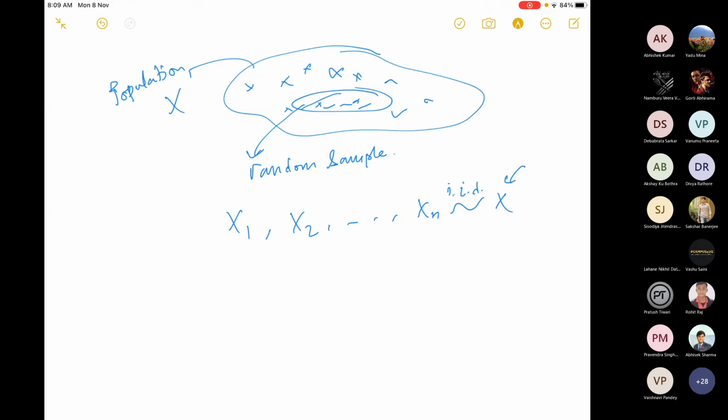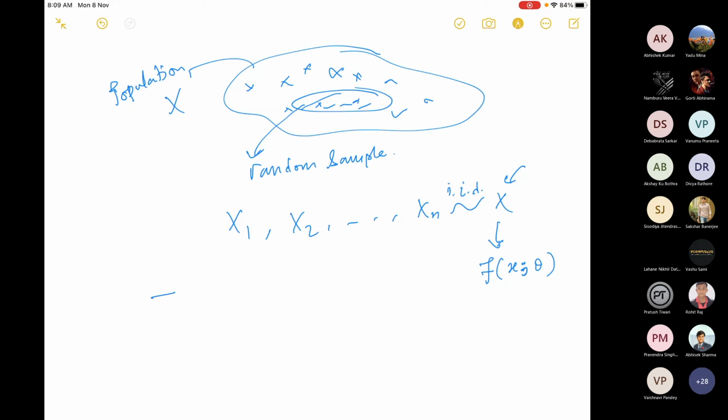Whatever the distribution is, if we assume that the PDF of this X is some f of x; theta. We write a semicolon here because the theta will play a role, because theta we do not know. We may have a guess about the distribution, but we do not know the value of theta. Even if we know the PDF, the question is, what can we say about x1, x2, xn?